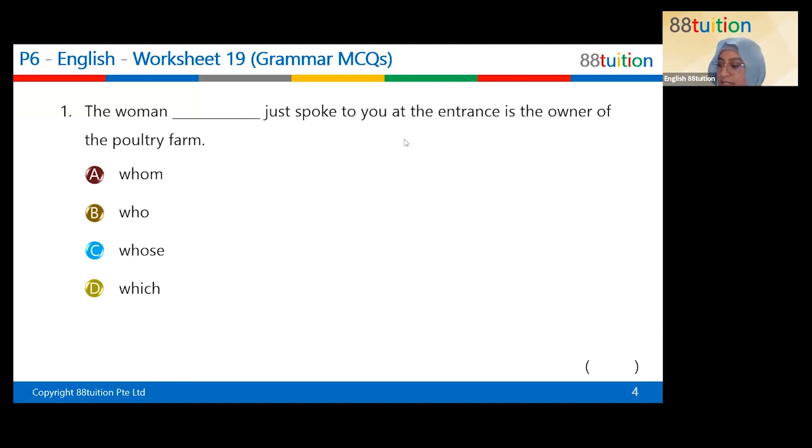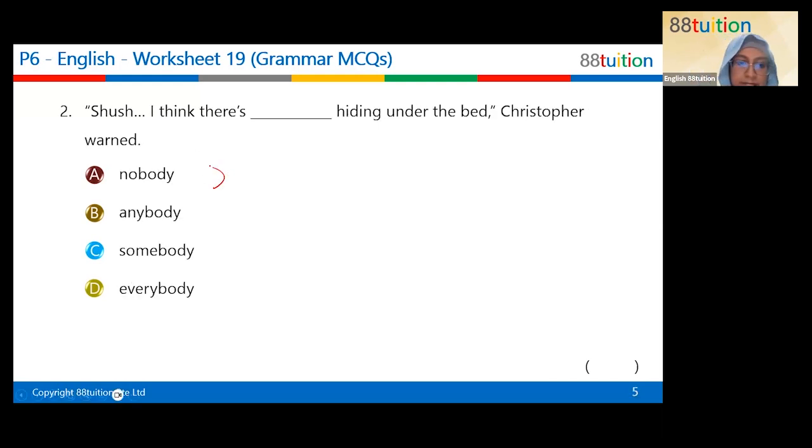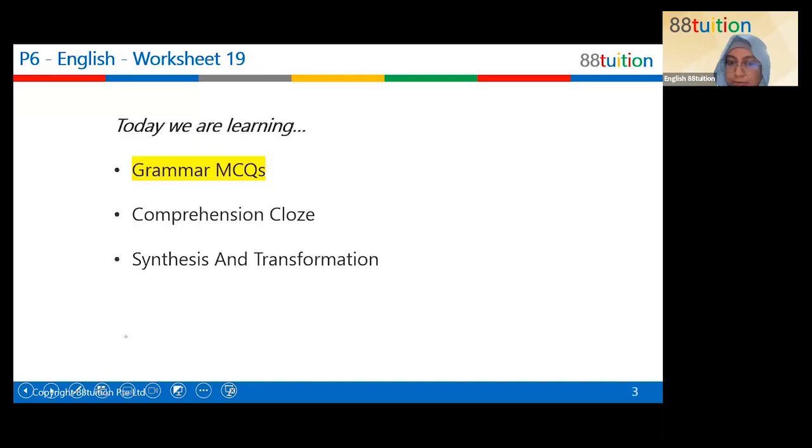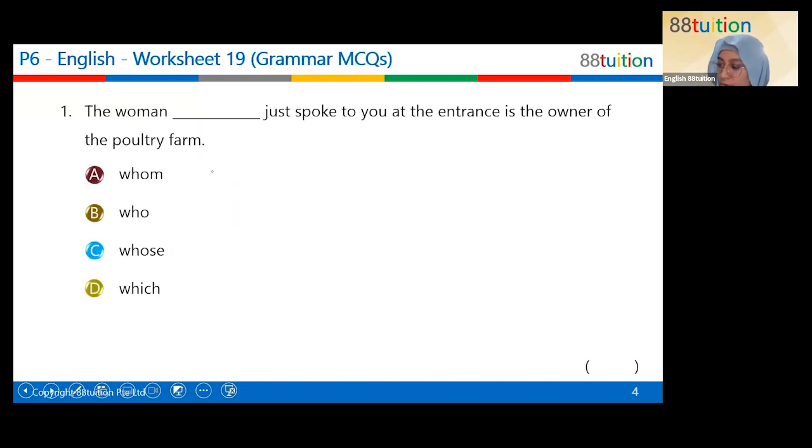You see again, the difference between who and whom has been brought up again. As we have seen in the video, whom will never be used as the subject. So here, the woman who just spoke to you at the entrance is the owner of the poultry farm.